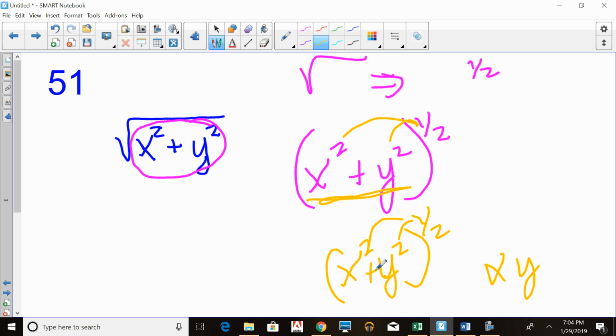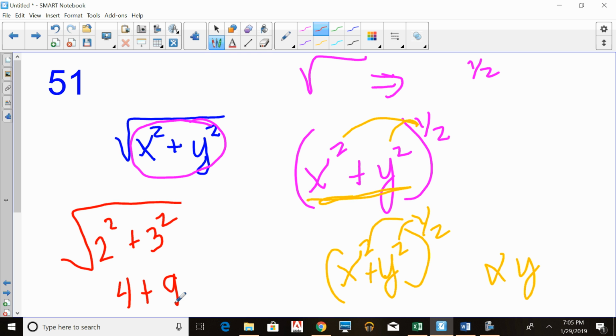If you look at this, let's say, for example, you had the square root of 2 squared plus 3 squared. 2 is x, 3 is y. Well, 2 squared is 4, plus 3 squared is 9, and the square root of 4 plus 9 is the square root of 13.